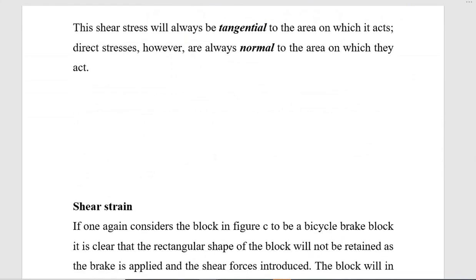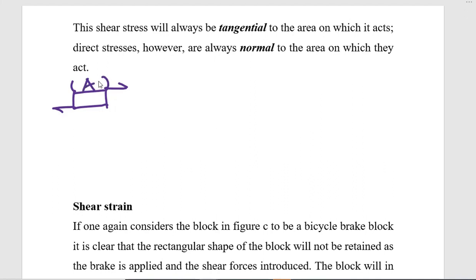This shear stress, we must observe that it is always going to be tangential to the area on which it acts. However, direct stresses are always acting normal to the area on which they act. Now, if this is a shear stress system, it is acting tangentially on the area onto which it is acting.